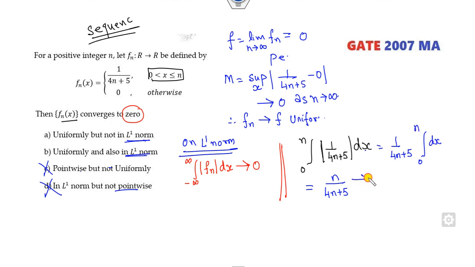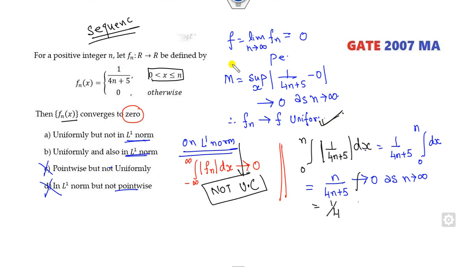Clearly this will go to 0 as n approaches infinity. Sorry, it does not go to 0. It goes to 1 by 4. It means this is not convergent in the L1 norm but is uniformly convergent in the standard one. So the first is the correct option, B is the wrong answer, and A is my correct answer.